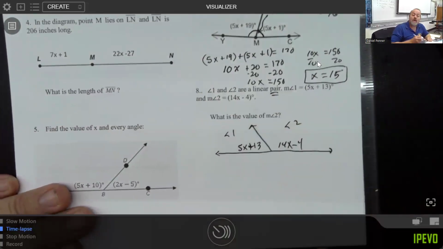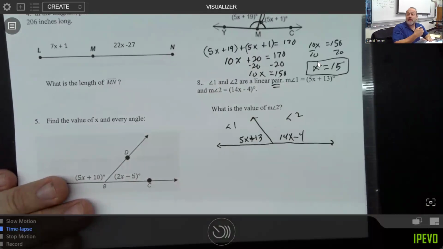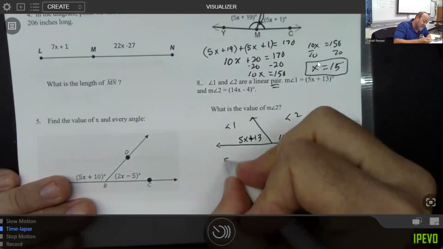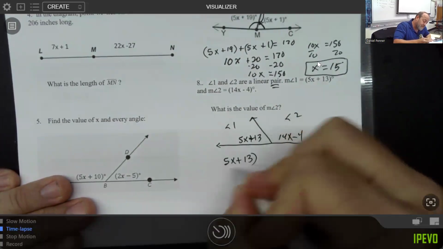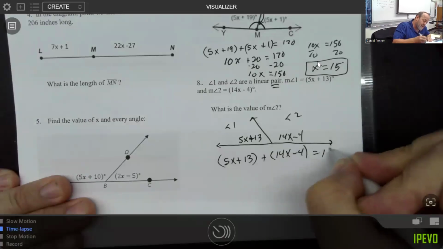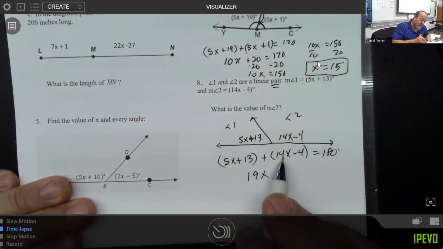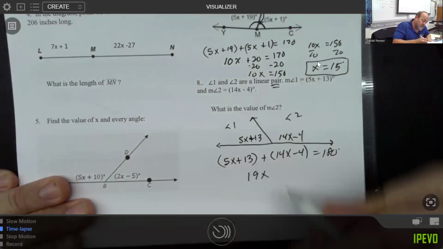We should know one of our theorems said that if you ever have a linear pair, they have to be supplementary. They must add up to 180. So I'm going to take the left one plus the right one and get 180 degrees. 5x's and 14x's makes 19x. 13 take away 4 is 9.